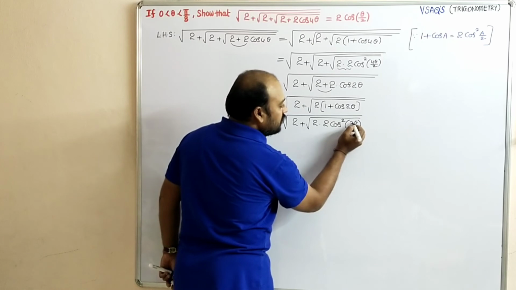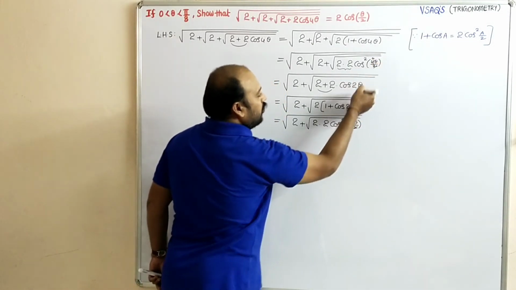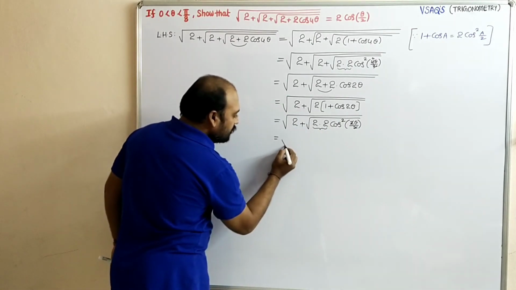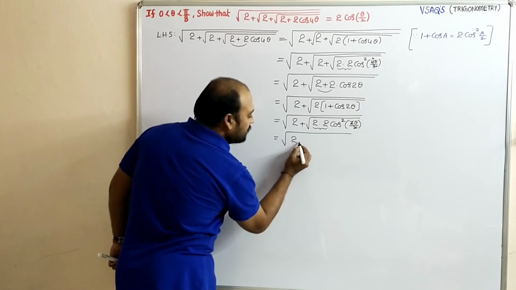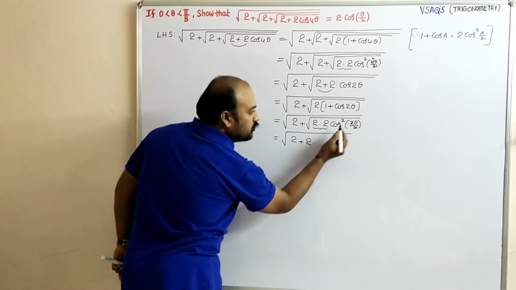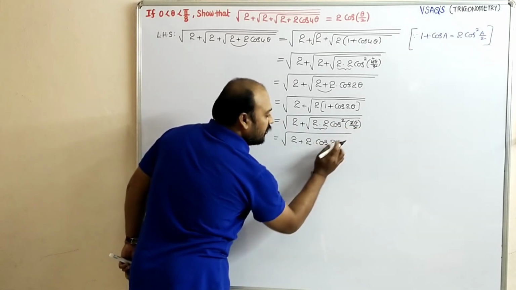So here 2 get cancelled. Even here also, 2 into 2 is 4. We can take outside of the root. It will become 2 into cos 2 theta, square root cancel. So theta only, cos theta.